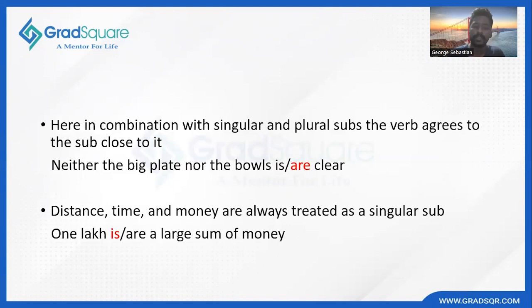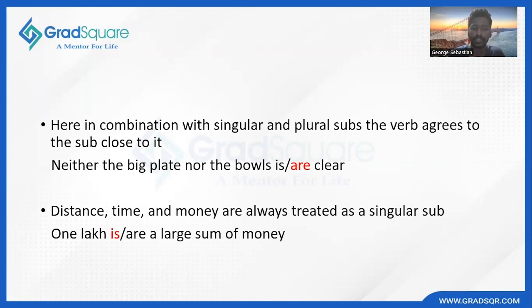Moving on, earlier we looked at the combination of two singular subjects, right? When we have a combination of a singular and a plural subject, the verb always agrees with the subject which is closer to it, right? Let's understand this much better with an example. Take this sentence. It says, neither the big plate nor the bowls dash clear, right?